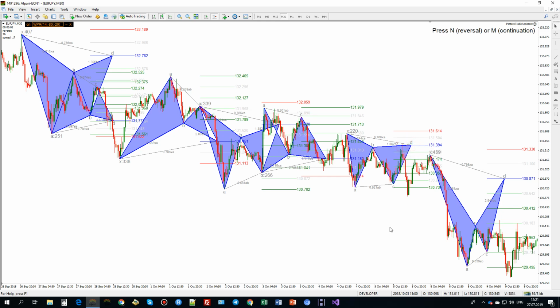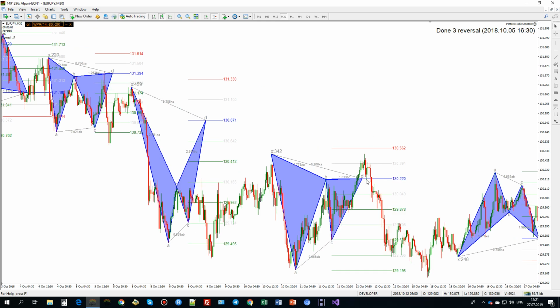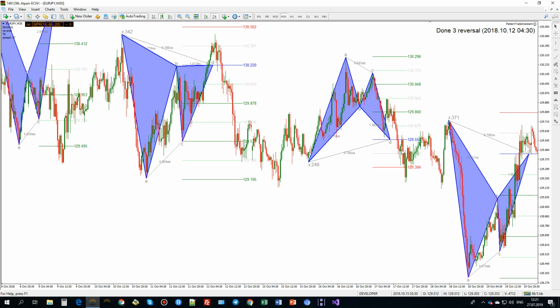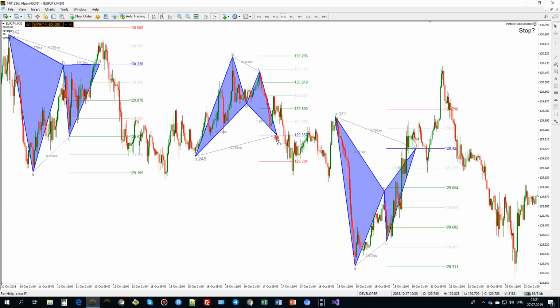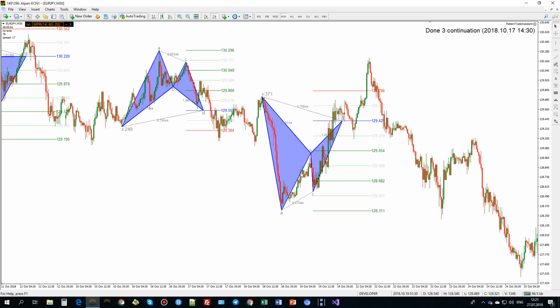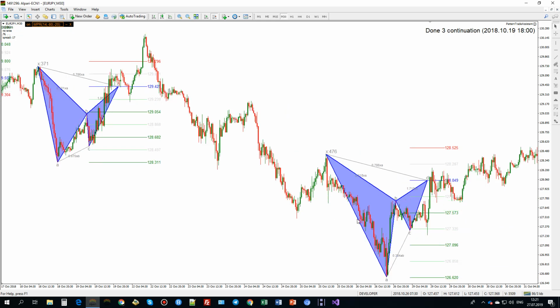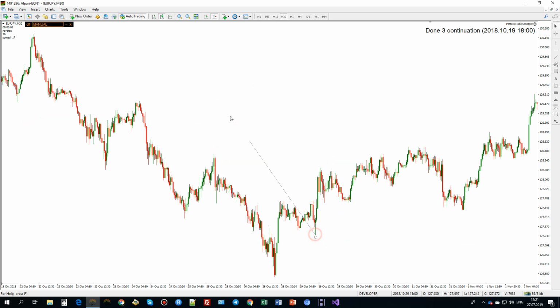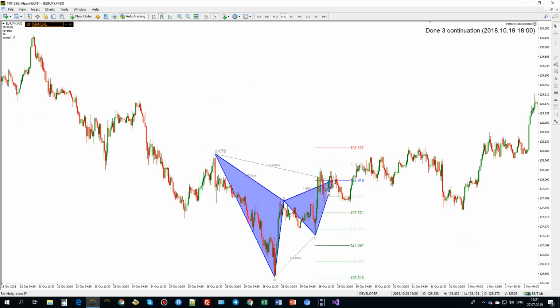This is revolutionary stuff: based on the pattern properties, based on its ratios, you can now get 100% objective information if the pattern is going to reverse or is likely to continue.